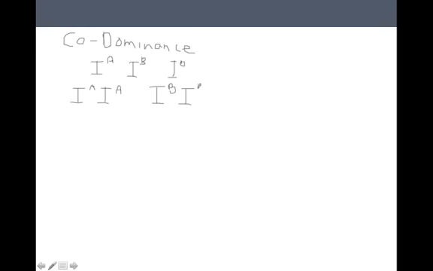Now, if you took these two individuals and they had children, this person here would make gametes that only contain the A allele. And this person here would make gametes that only contain the B allele. So when they produce children, like so, circle them so you know that I'm talking about them together now, they exhibit what we call codominance.